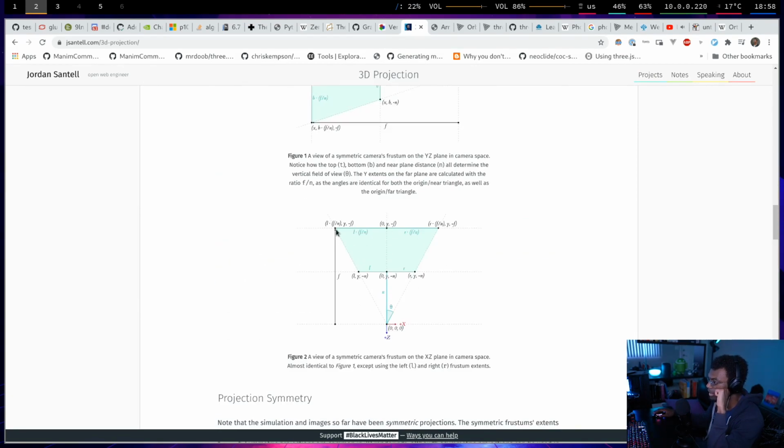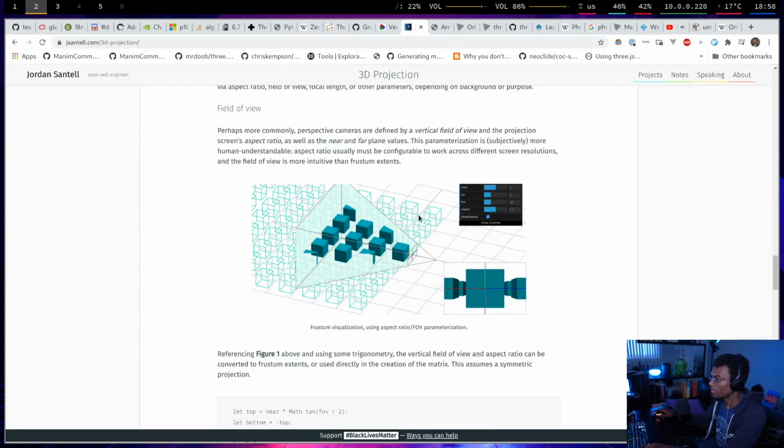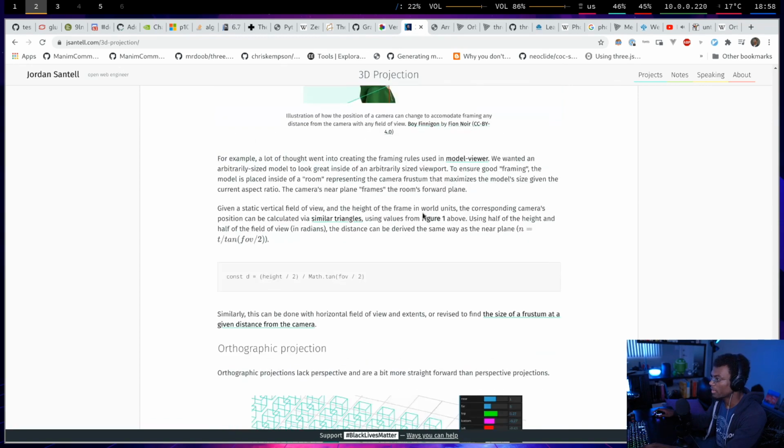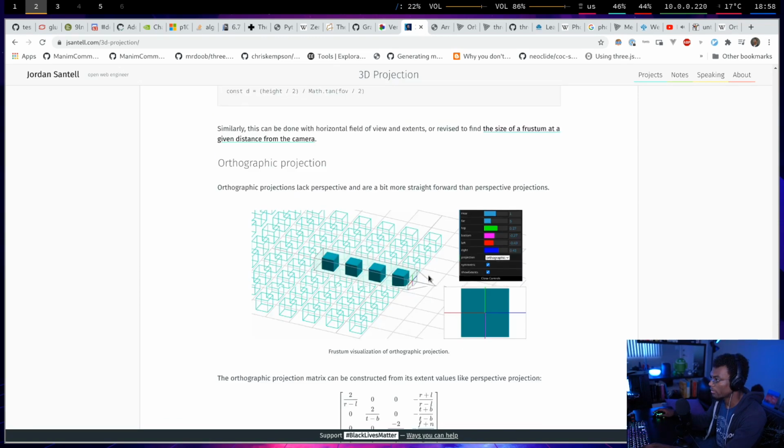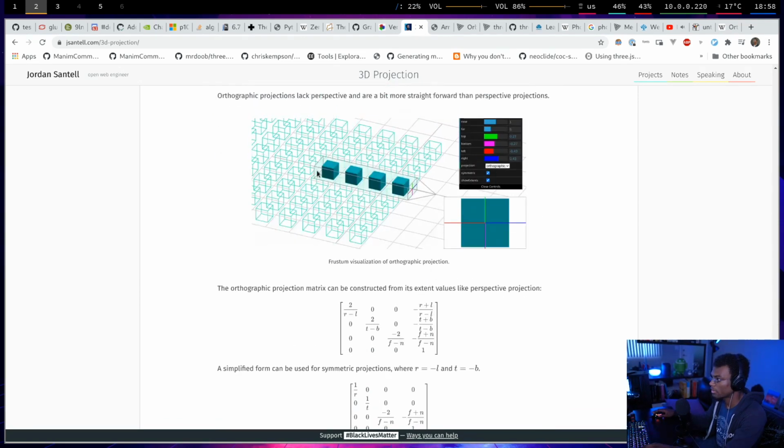Okay, so normally cameras have a field of vision frustum. A frustum like this. It's like a part of a trapezoid or part of a pyramid. But if you project orthographically, it isn't this cone shape. It's a box like this.